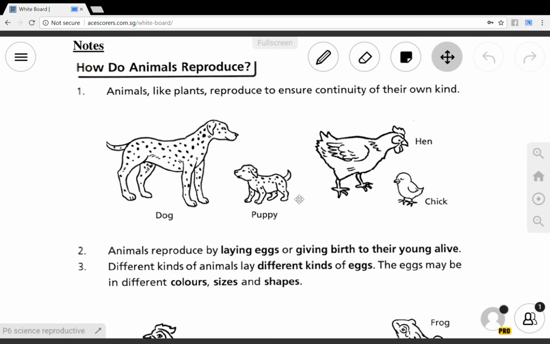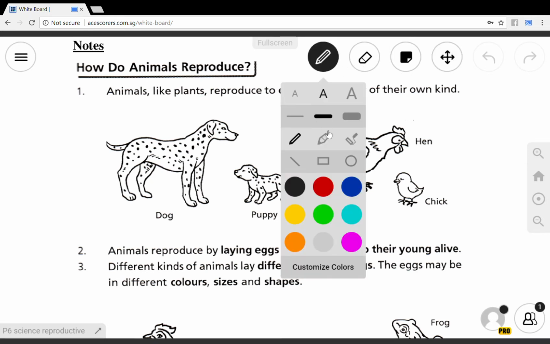So first of all, we need to understand about reproduction. So how do animals reproduce? You can see animals, like plants, reproduce to ensure continuity of their kind.